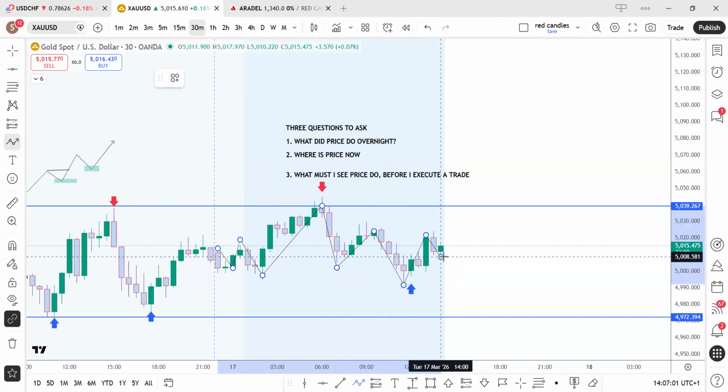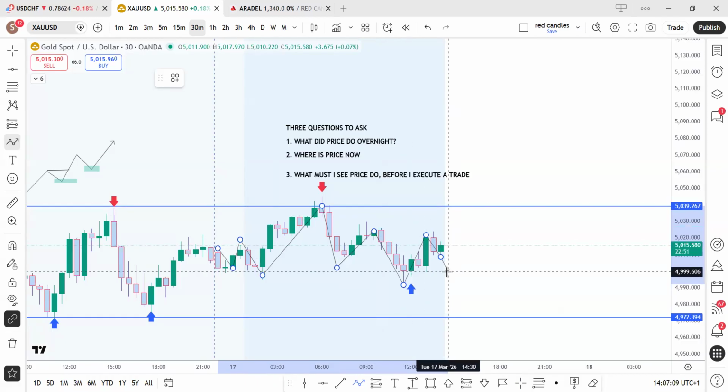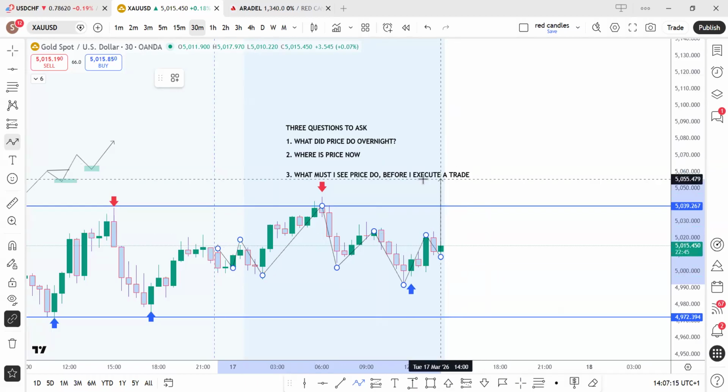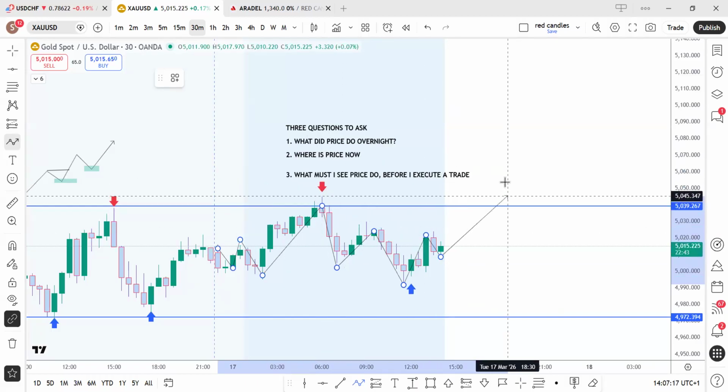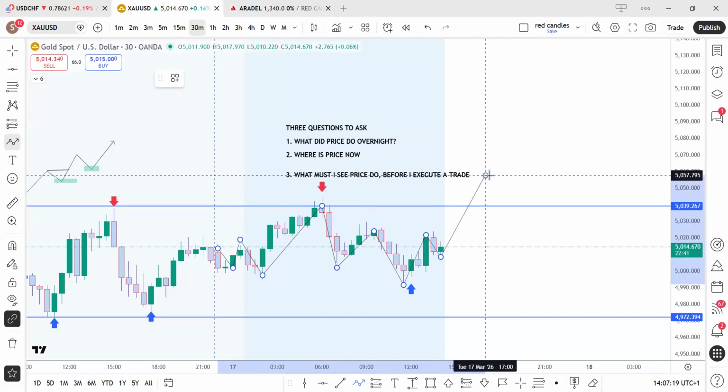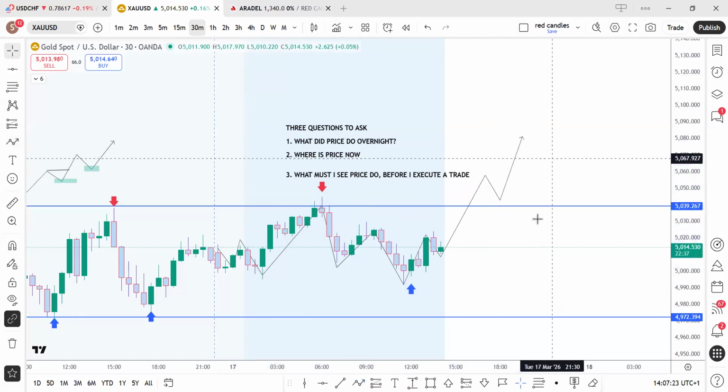What does price want to do next? We cannot say for sure because it's still within this range, right? What we will suggest, if you're trading break of structures, if you're not putting the rejection candles and all that, if you're doing just break of structures, is wait for a break of the highs, a pullback, and then you can continue in that direction.